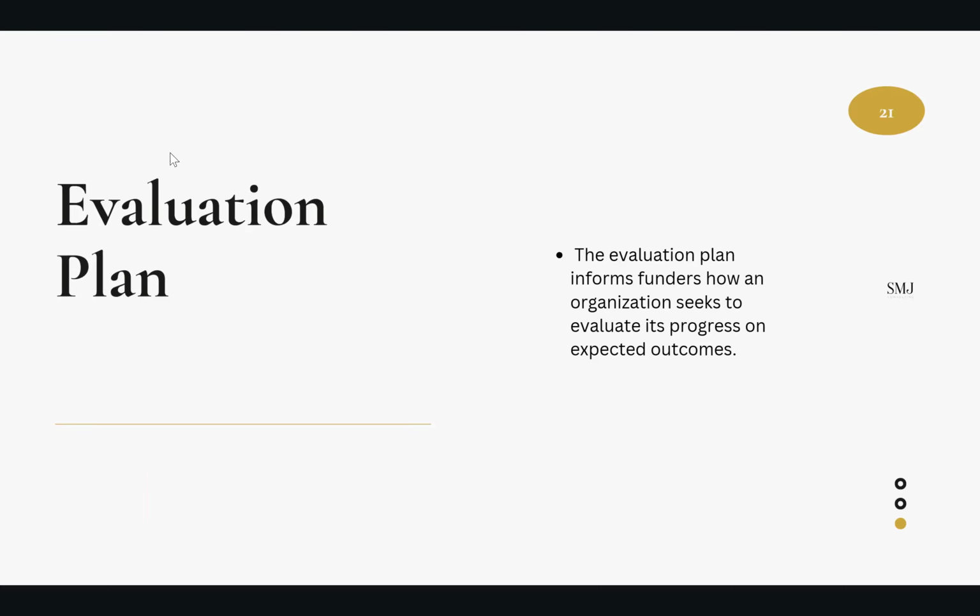So the evaluation section is really your ability to help the funder understand that you do plan to use the SMART objectives that you have listed to actually measure progress during the grant period.